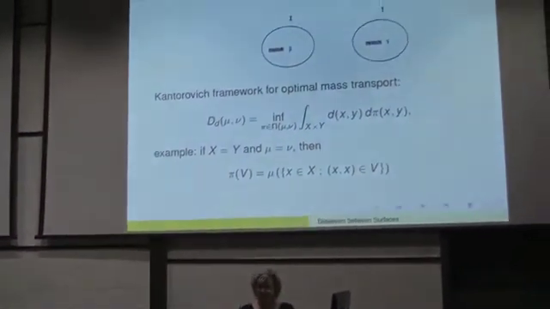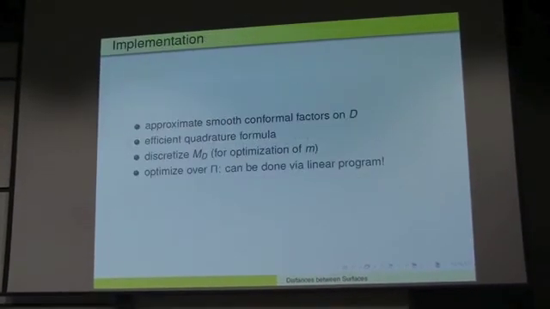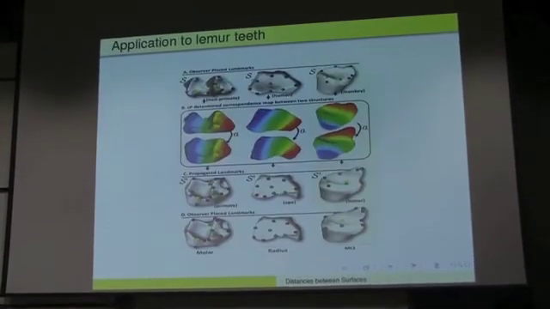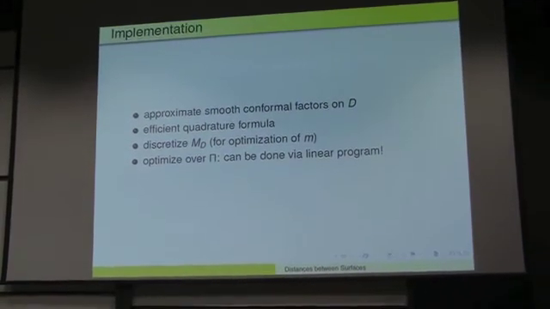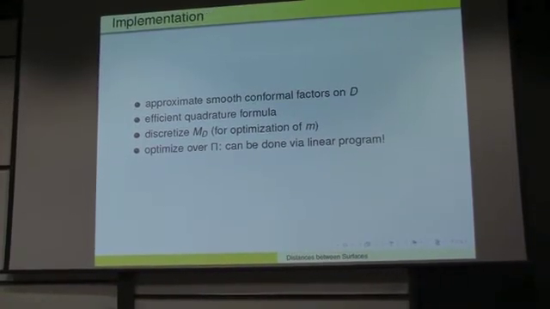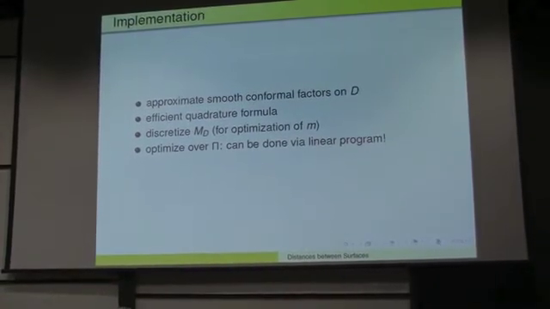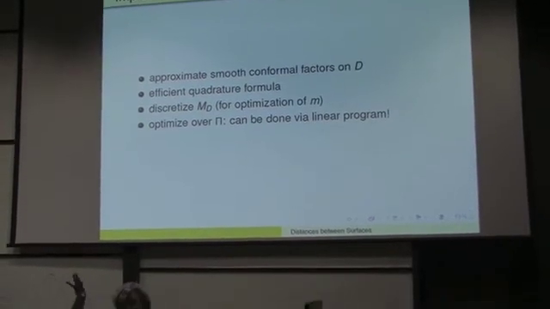And I could go through these different formulas, but let me not do that because I will go over time otherwise. So in the end, what we do discretely is we approximate these conformal factors on the disk for each of the two. We define a way of doing mass transport from one to the other.